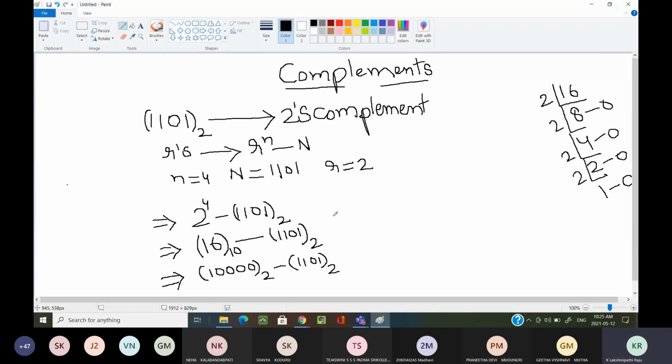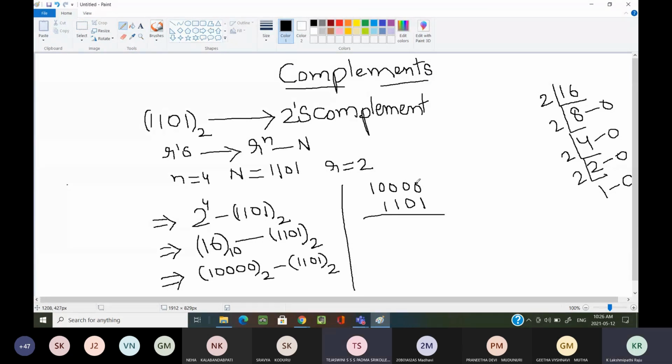Now both the numbers are in binary, so I can perform binary subtraction. I hope we learned binary subtraction in yesterday's session. Tell me the answer.